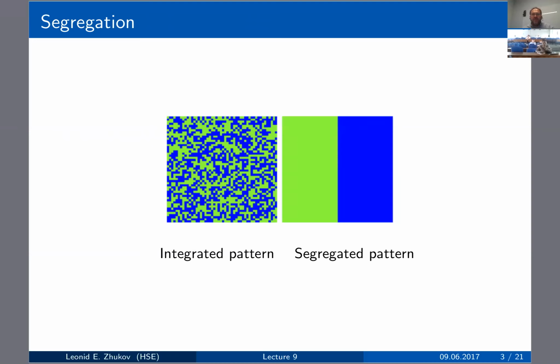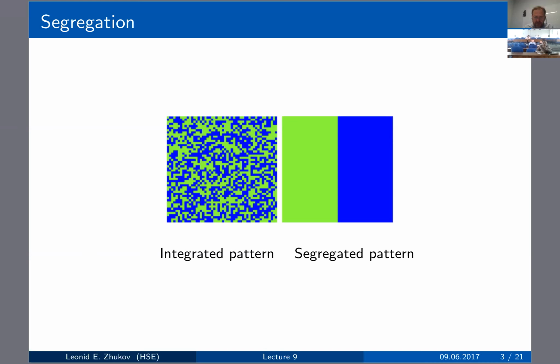This is what's called an integrated pattern or mixed pattern. On the right-hand side, you have a segregated pattern, where the absolute majority of green pixels are neighbors with green pixels, and blue pixels are neighbors with blue pixels, and only a few blue pixels have green pixels as neighbors, and the other way around. Okay. So on the left side, it's an integrated or mixed pattern. On the right side, it's a segregated pattern.